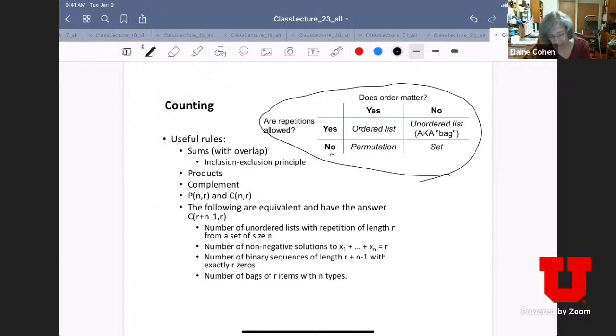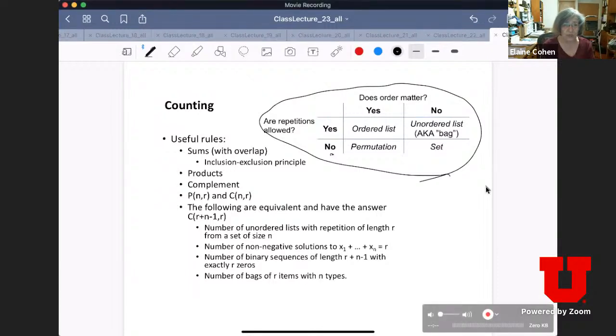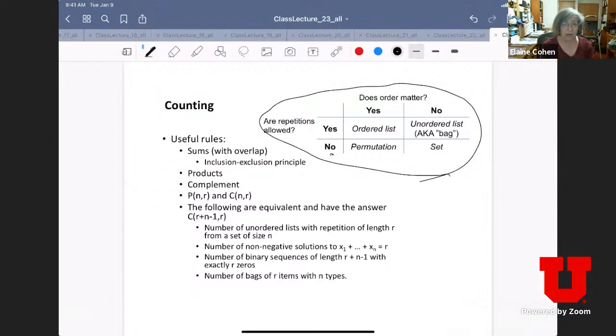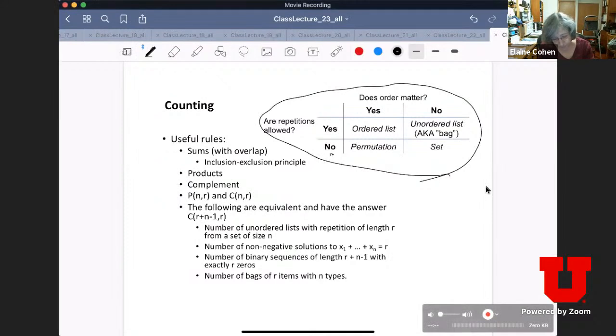If repetitions are allowed and order doesn't matter, then it's a bag. And we had examples of bags. And if repetition is not allowed and order doesn't matter, then it's a set. Remember, in a set, order doesn't matter, there's no repetition. So those are the straightforward things.